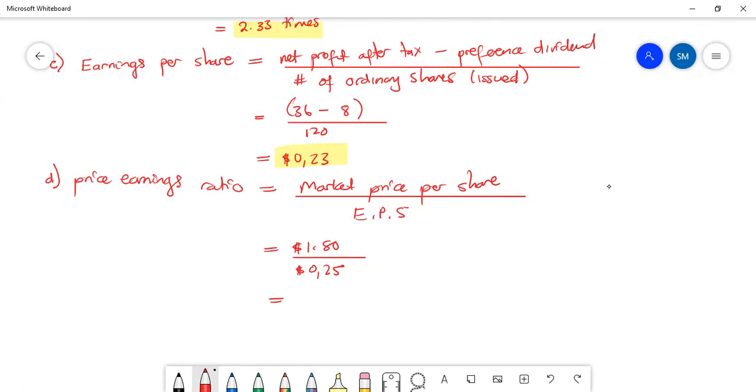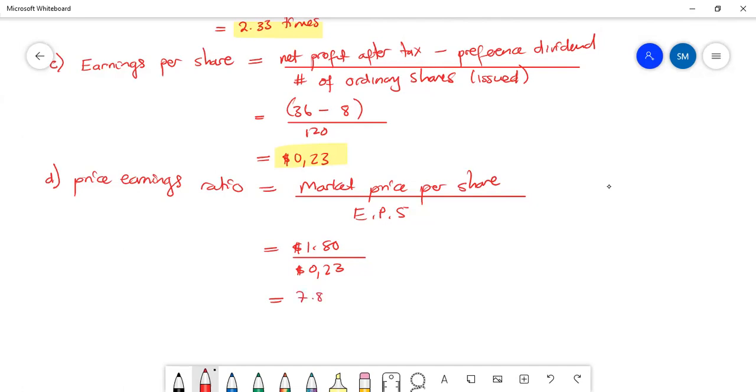Earnings per share is supposed to be 0.23. Yes, it's 0.23. So you got what? I got 7.83.